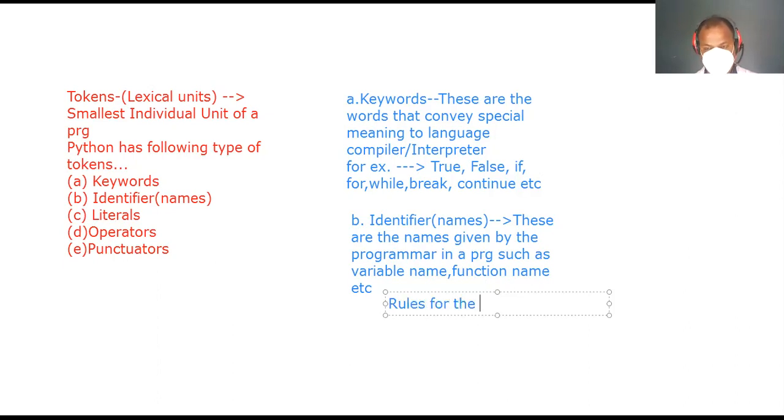Rules for naming identifiers. Let me write here, naming. Rules for naming identifier. Okay, what are the rules? Let me tell you that rule number one: an identifier may be a combination of letters and digits. Let me write it here.